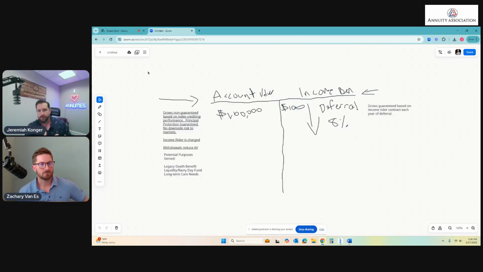When you multiply those two numbers together, that'll equal the guaranteed payment. That payout rate or payout factor can be based on single life. It can also be based on joint life. Obviously, if it's joint life, it's going to be covering 2 lives, so it's going to pay a little bit less than the single life payout factor would. But that payout rate, nonetheless, is also guaranteed in the contract. So that's important to note.